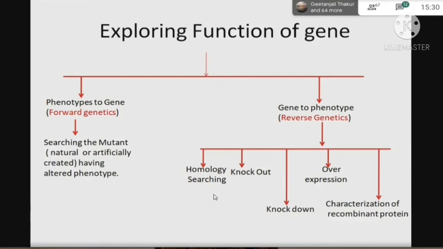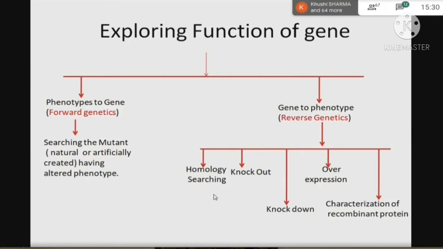We look at the difference in phenotype between the organism which has one copy of that gene and the one which has more than one copy of that gene. Or we can increase the expression of that gene so that the amount of protein will increase. In this way, you can find out the function of that gene.